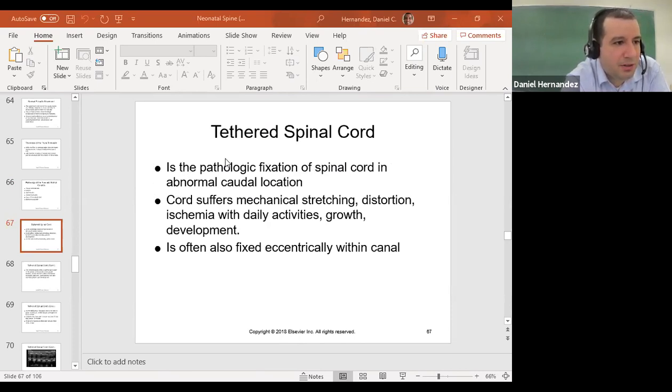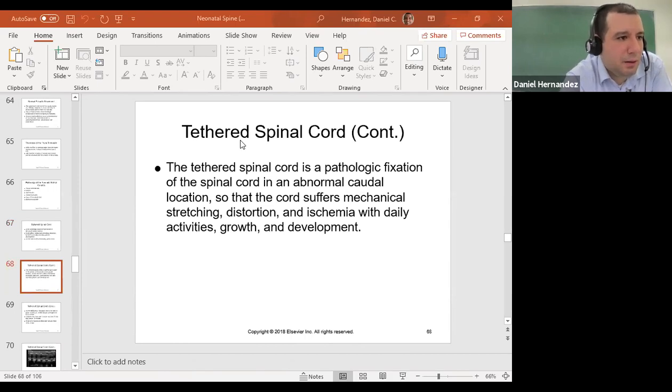With this condition, the cord suffers mechanical stretching, distortion, and ischemia, so lack of blood supply, with daily activities, growth and development, and is often fixed eccentrically within the canal.